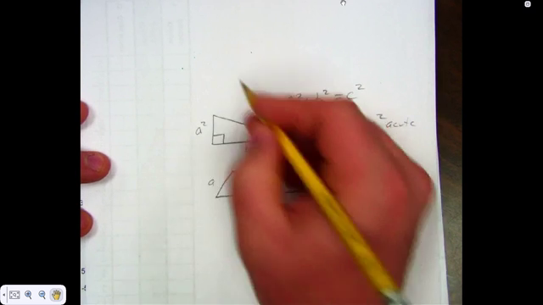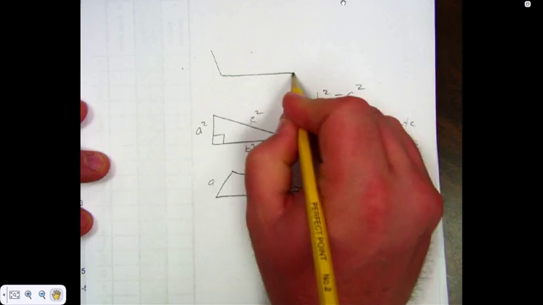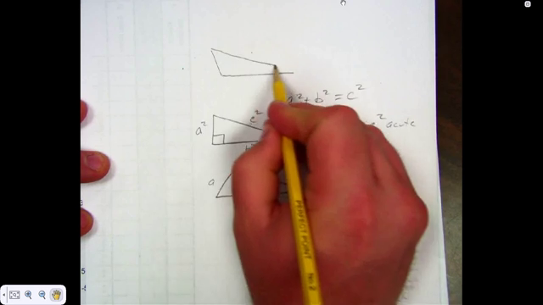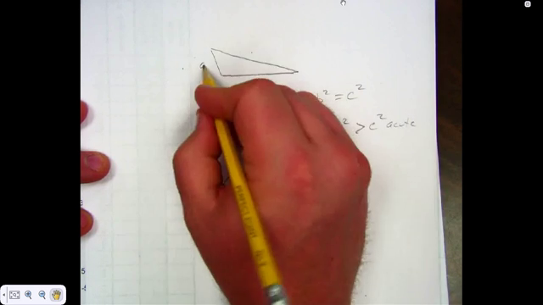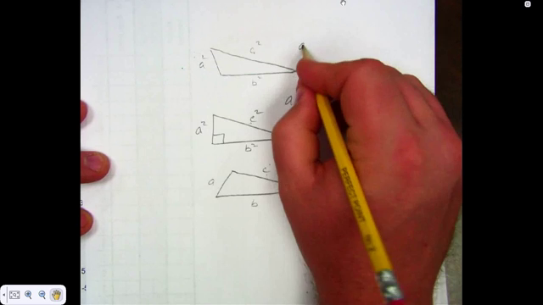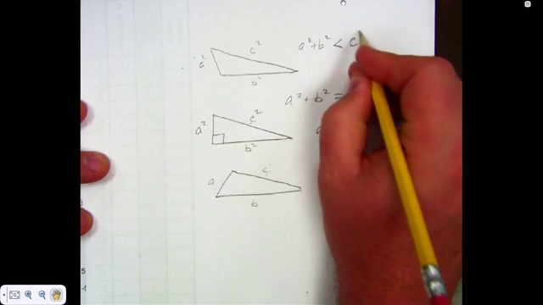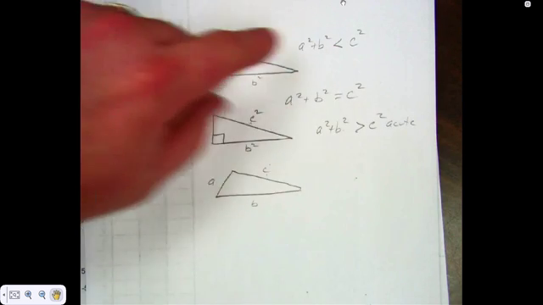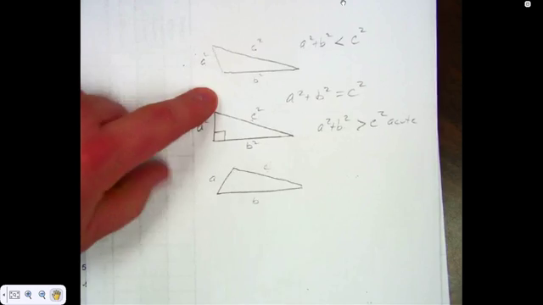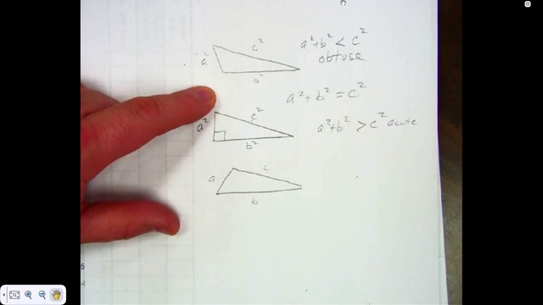What has to happen for this to get bigger in the exact same triangle? The angle has to get bigger. And what does that make the c squared? Bigger. That means a squared plus b squared is actually smaller than c squared. So as your hypotenuse gets bigger than a squared plus b squared, it becomes obtuse.